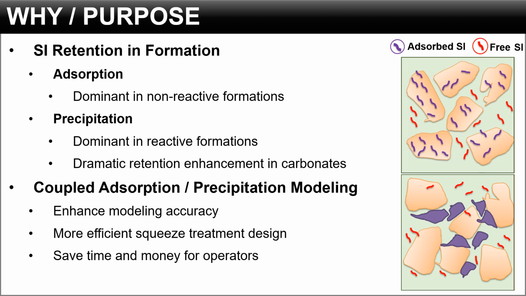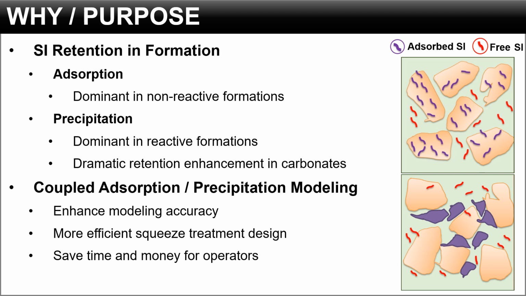The first one, which is very well known, is the adsorption mechanism, in which the scale inhibitor molecules are adsorbed to the surface of the rocks in the formation, and they will be dissolved into the solution as the scale inhibitor concentration in the solution decreases.